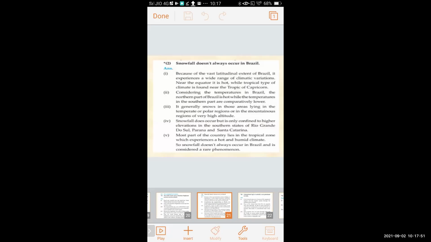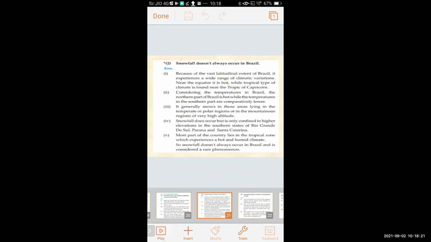Snow generally falls in areas lying in the temperate or polar region, or in mountainous regions of very high altitude. Very high altitude means very high in height.